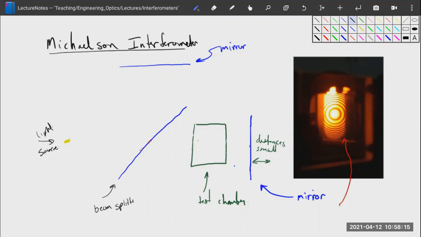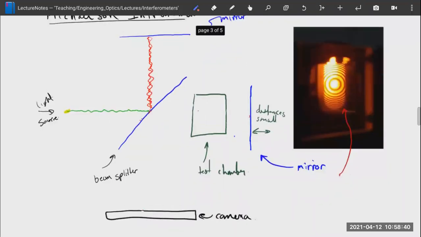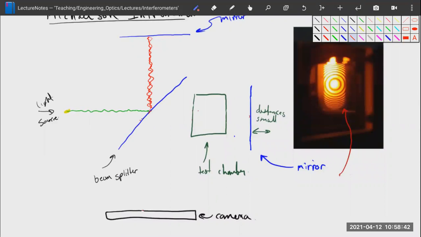Basically, it's a terrible mirror because when the photon comes in, it hits this mirror, it has a 50% chance of going through and a 50% chance of being reflected. So if it's reflected, it goes up to this mirror, gets reflected back down, and then again, I'll show our camera on screen, has a 50% chance of being reflected, which is bad, but a 50% chance of going through, which is great.